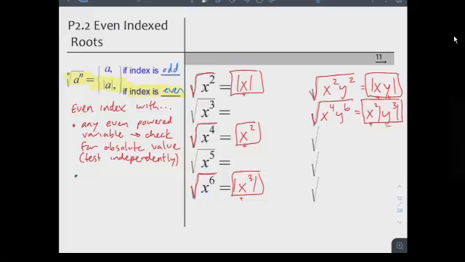Next, let's test what happens if there's one odd power. If you have one odd power, you don't need to even check it.